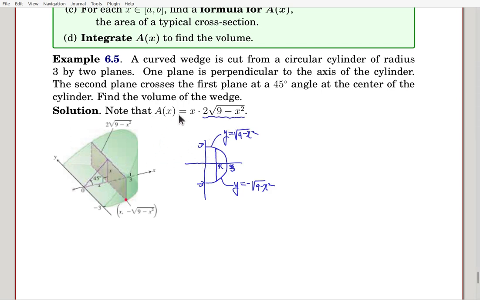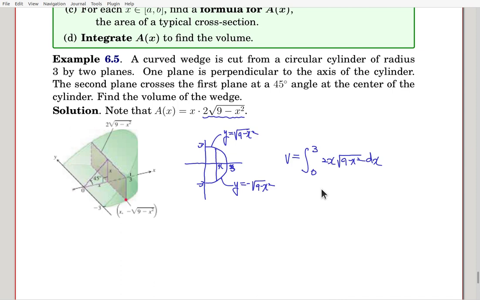So the area of each cross section is this one. Your volume must be obtained in this way: integral from 0 to 3, as x is moving from 0 to 3, of 2x times the square root of 9 minus x squared, dx, right?